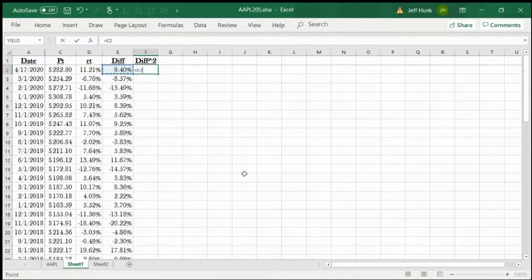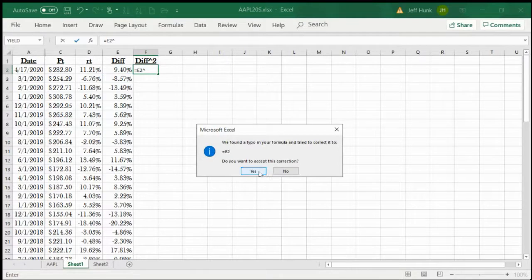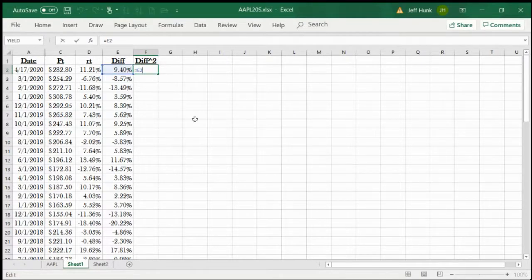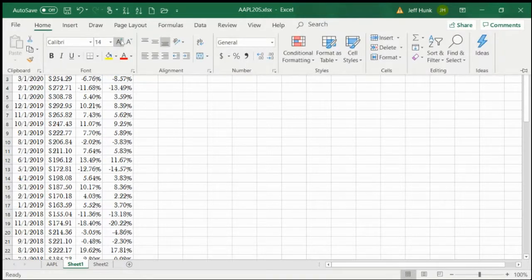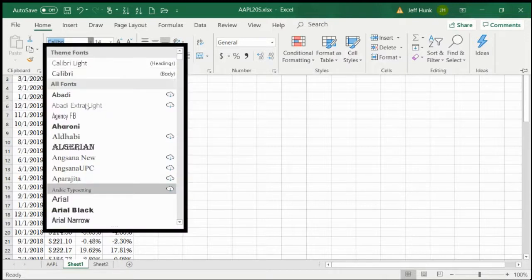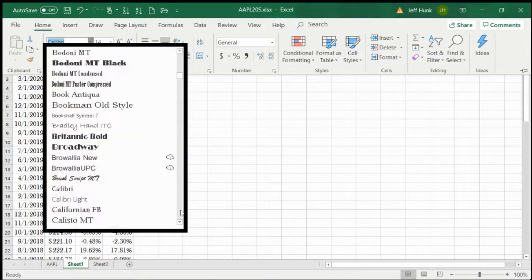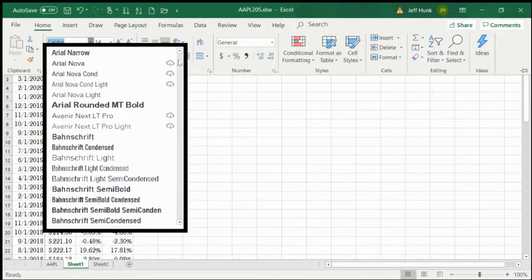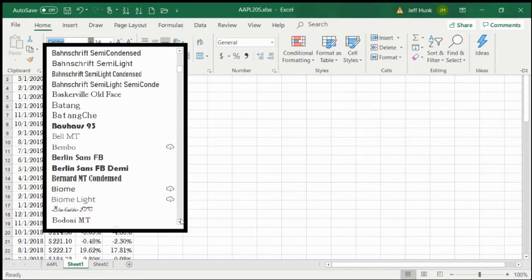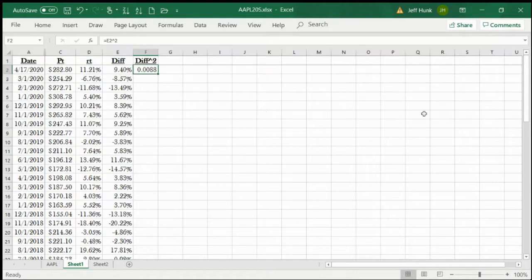And all you need to do is simply square it. We got that, and I'm also going to give it a percentage format.